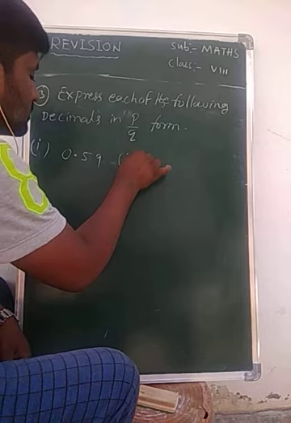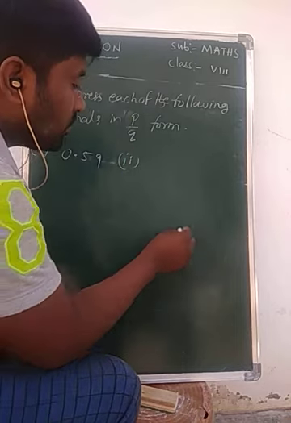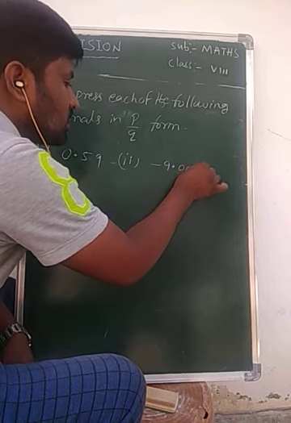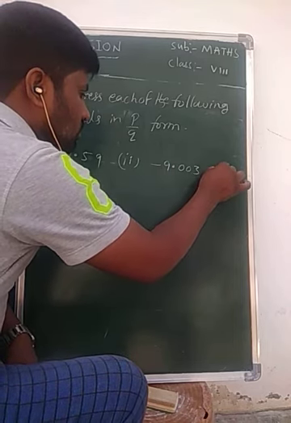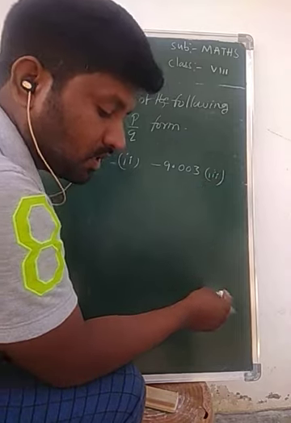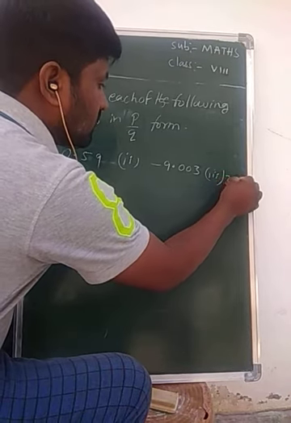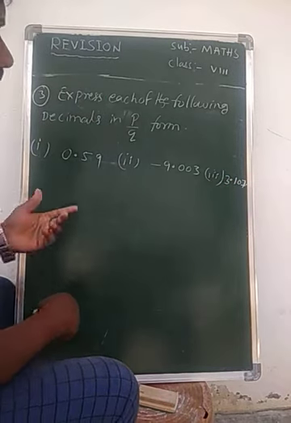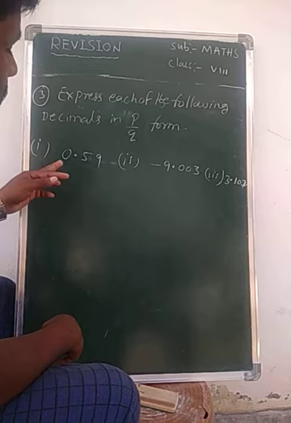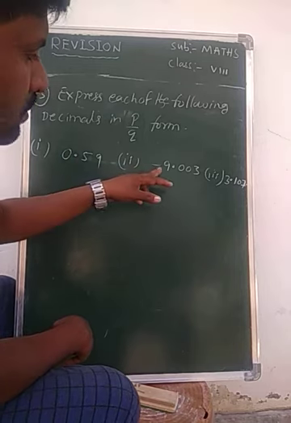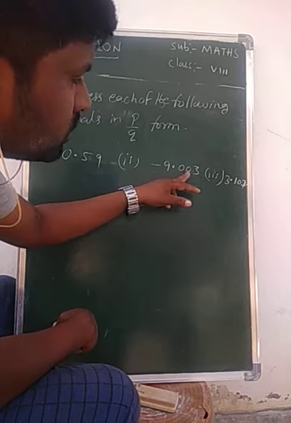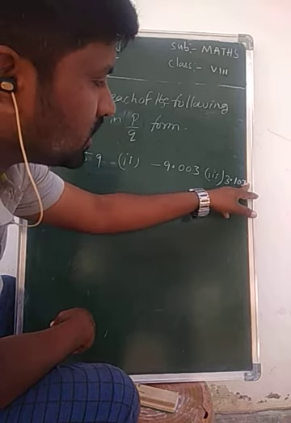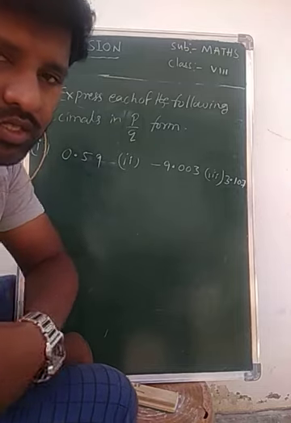The second is minus 9.003, and the third is 3.107. Okay, so clearly these three decimal numbers are terminating decimals.